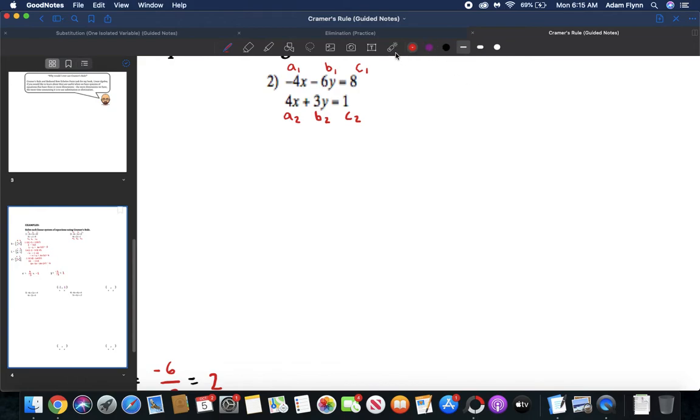Okay, so I'll set up my matrices at this point. So I know D, so I'm thinking DAB, so I'm going to have my A's in my left-hand column, so -4 and +4. And then B's in my right-hand column, so -6 and +3.